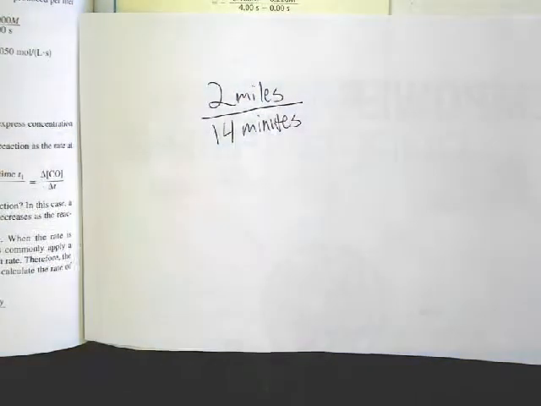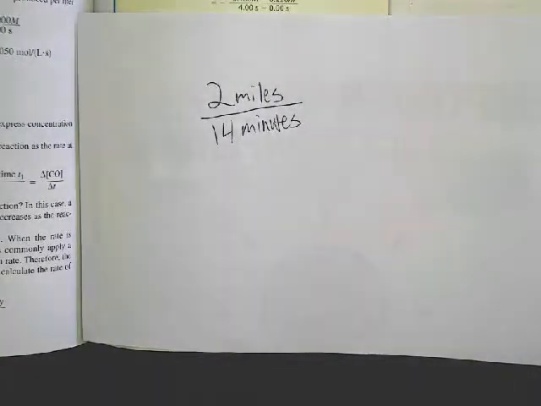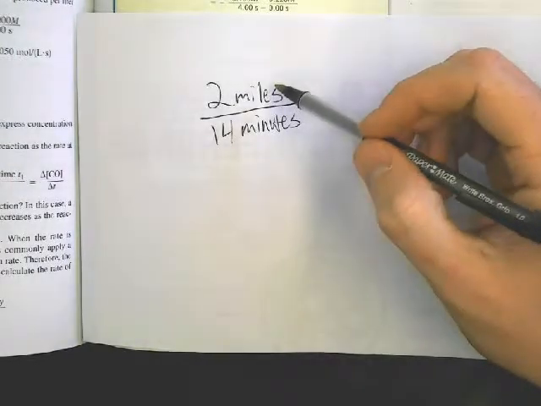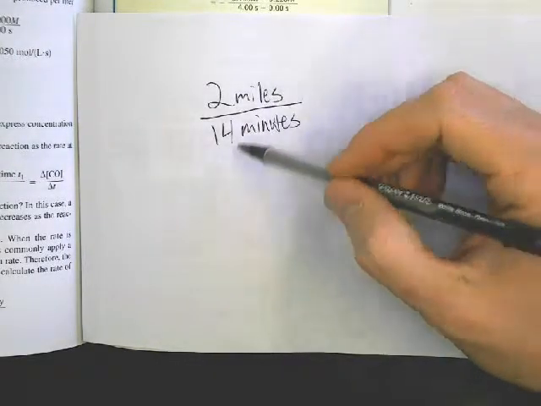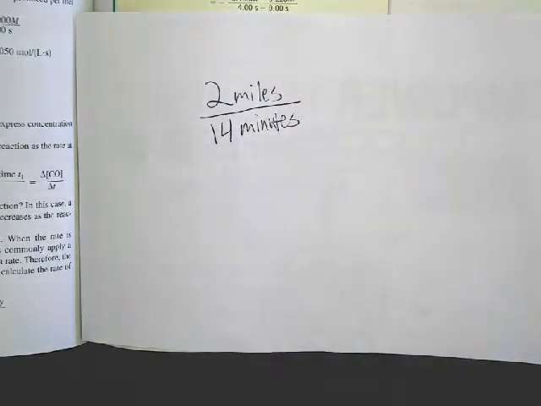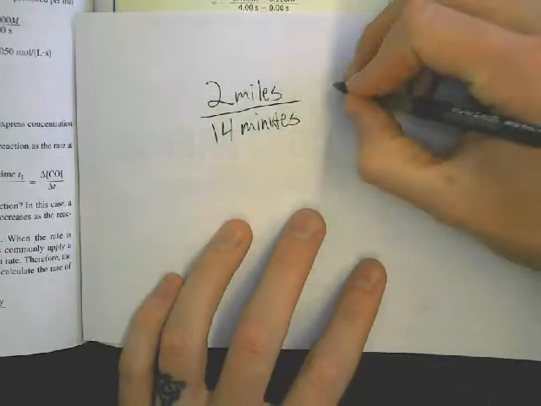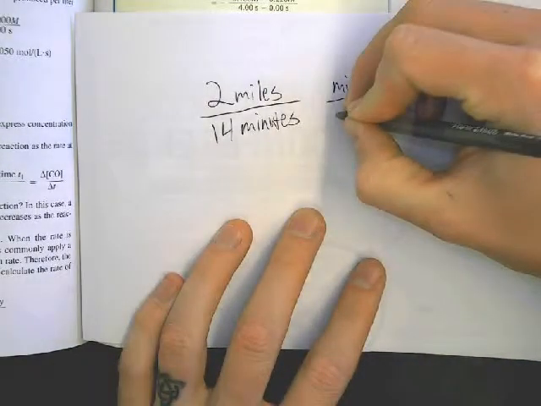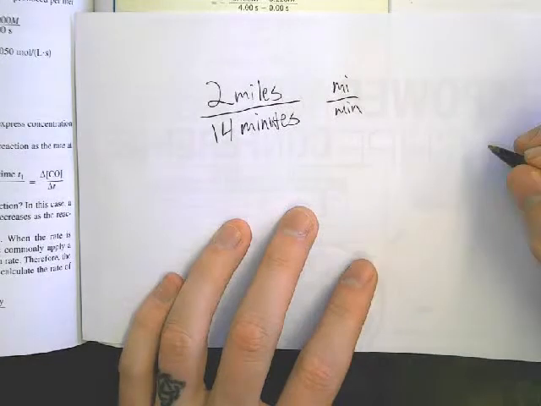He's a quick dude, right? So if he runs 2 miles in 14 minutes, you notice how I put the 2 miles on top? And I put the minutes on the bottom? Why did I do that? Exactly, my units in this case are going to be miles per minute.